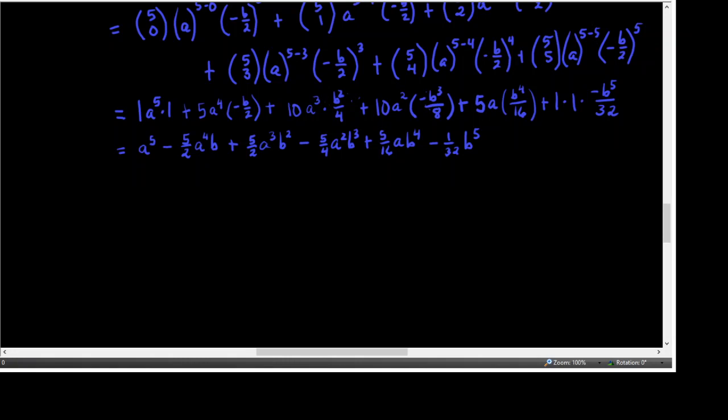Okay, this one is a little bit more challenging. We have 3 over m squared minus 2 square roots of m, raised to the 4th.